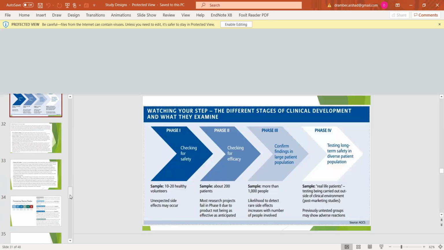And those interventions which pass through phase 2 trial enter the phase 3 trial. Phase 3 is usually a large randomized controlled trial, and we confirm the findings in a larger population. And in phase 4 trial, the product is in the market, and long-term safety and post-marketing surveillance is done.